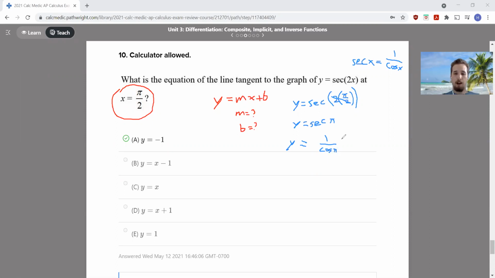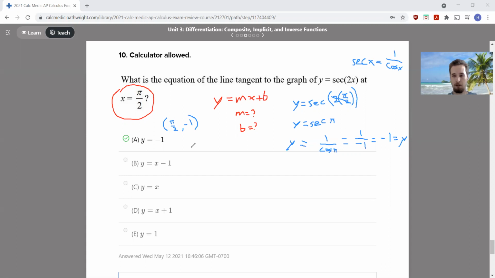And what is cosine of pi? Well, from your unit circle, you should know that cosine of pi is -1. So we get an answer of -1. y is equal to -1. Okay, so now we have our point. We have a point of pi over 2, -1.